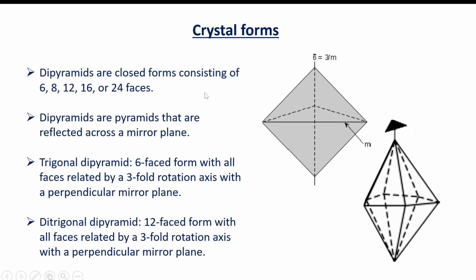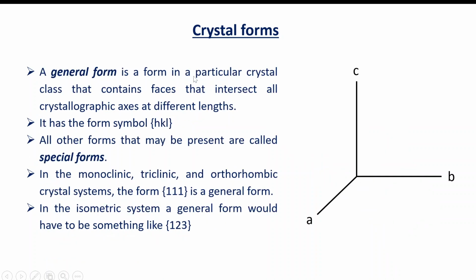There are various varieties of these prism faces and pyramidal faces. You can also have a general form and a special form for specific minerals or specific crystals. A general form is a form, in a particular crystal class, that contains faces that intersect all the crystallographic axes at different lengths.